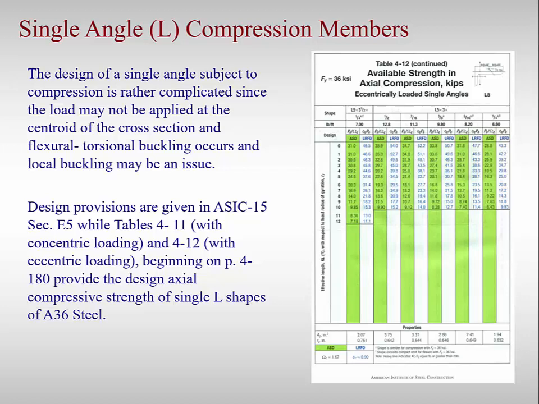To complicate further, flexural torsional buckling can occur about its weak axis and the z-axis. Throw in local buckling and you have a lot of calculating to do. Fortunately, there are column tables for single angles. Note that the axis of buckling is the z-axis.